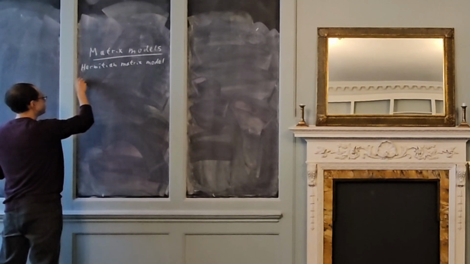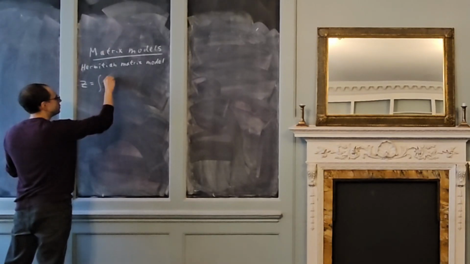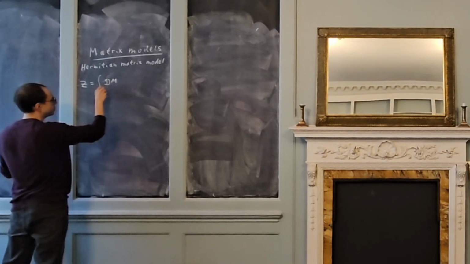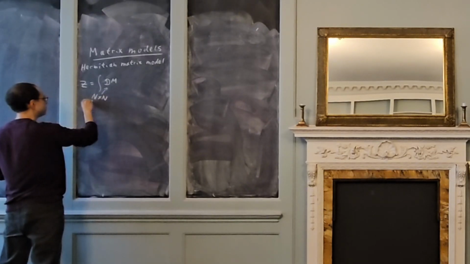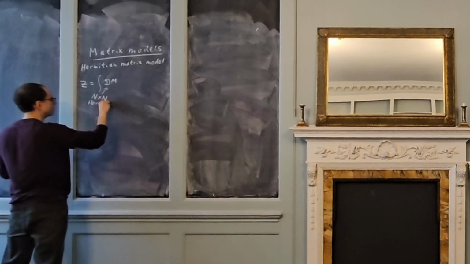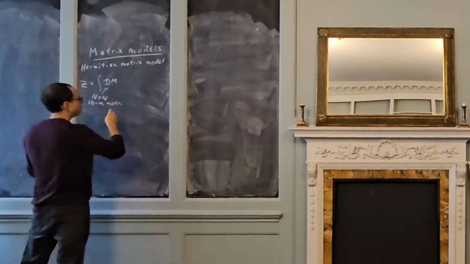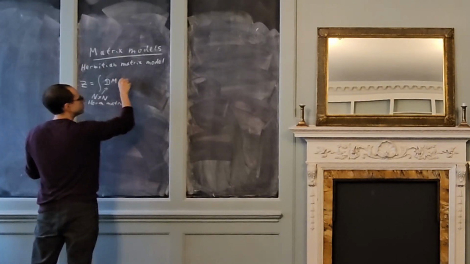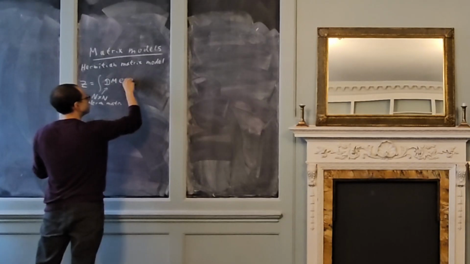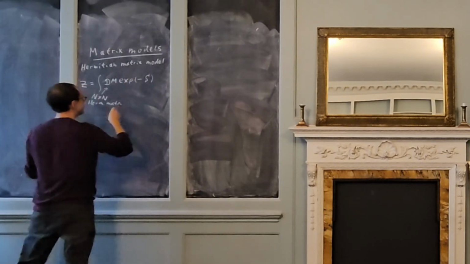So the Hermitian matrix model is defined by the integral that corresponds to its partition function. It's an integral over dM, the space of N by N Hermitian matrices. Here we have, okay, the board is a bit small, so let me try to fit it in one line, the exponent of minus S, the analog of the action in field theory.